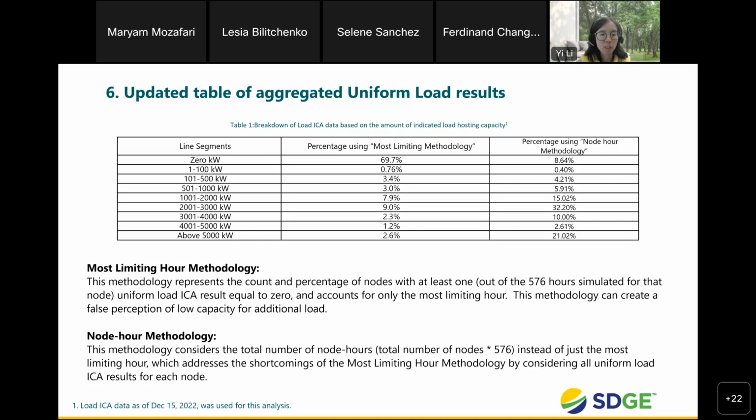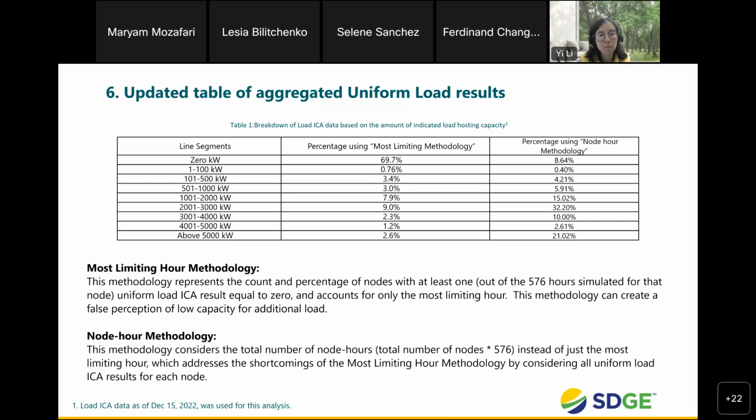So this methodology addresses the shortcoming of the most limiting hour and covers the uniform load ICA results for each node for all the hours. As you can see, for SDG&E's data, the percentage falling in the 0 kW category is a much smaller number compared to using the most limiting methodology.